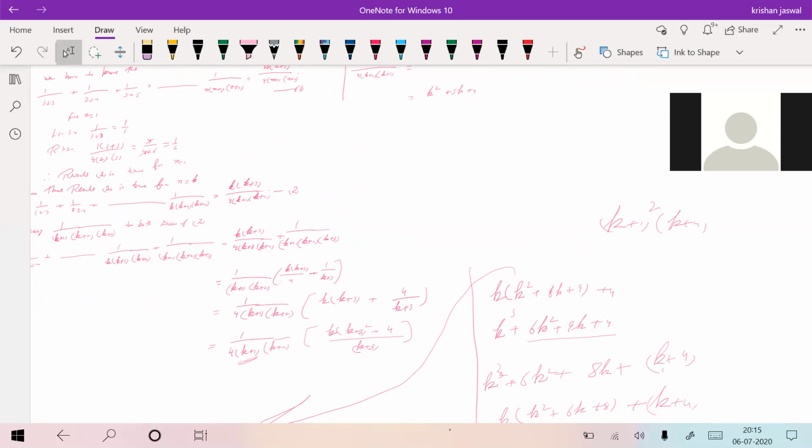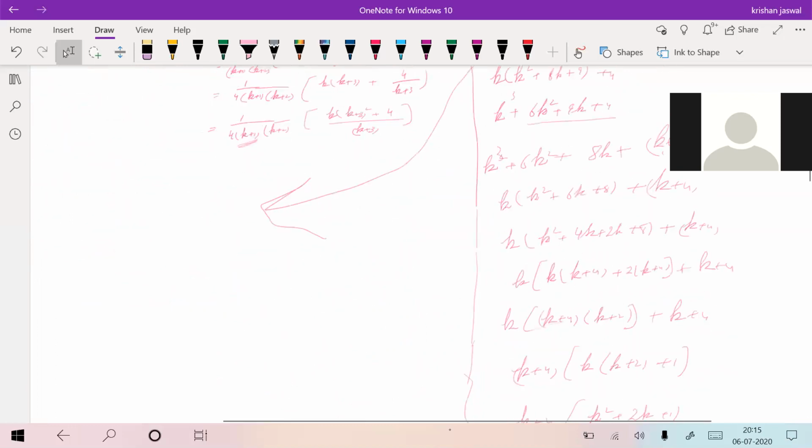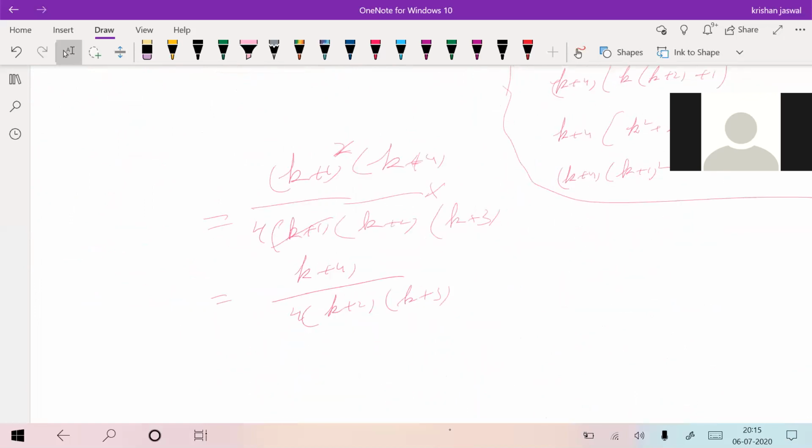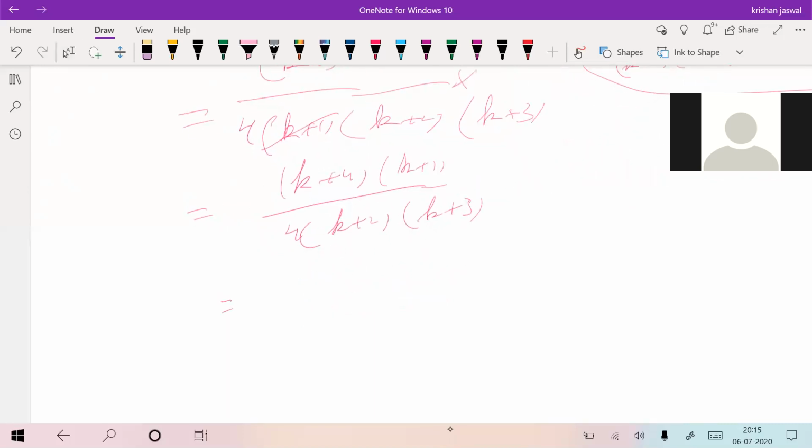Our answer is k plus 1, k plus 1, k plus 1, 4, k plus 2 and k plus 3. We can write it as k plus 1 plus 3, k plus 1 over 4 into k plus 1 plus 1, plus 3 plus 1, plus 2.